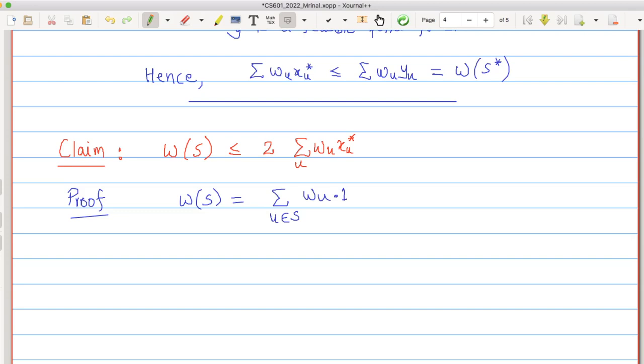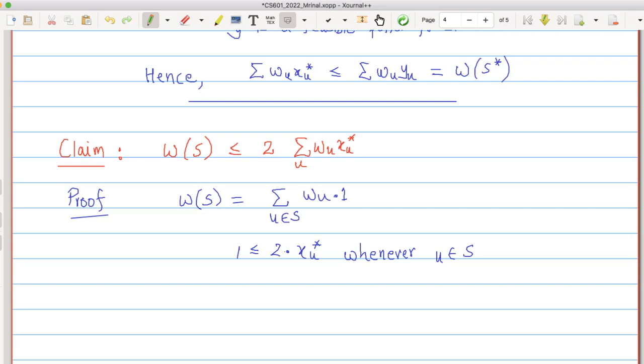In other words, 1 is less than or equal to 2 times x_u star whenever u is in S. That's how we constructed our set S. So this inequality is just another way of writing x_u star is at least half.